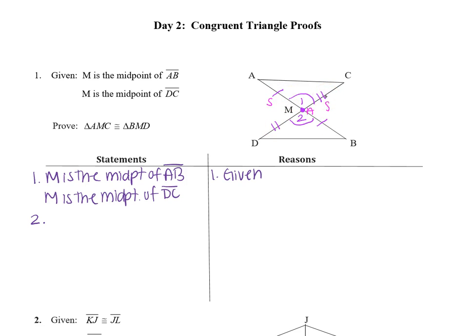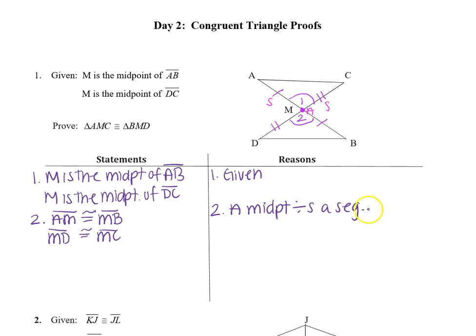They just said that M was the midpoint. So I got to explain why I know that they're congruent. So I'm going to say AM is congruent to MB, and I'm also going to say that MD is congruent to MC. And that's because a midpoint divides a segment into two congruent segments.